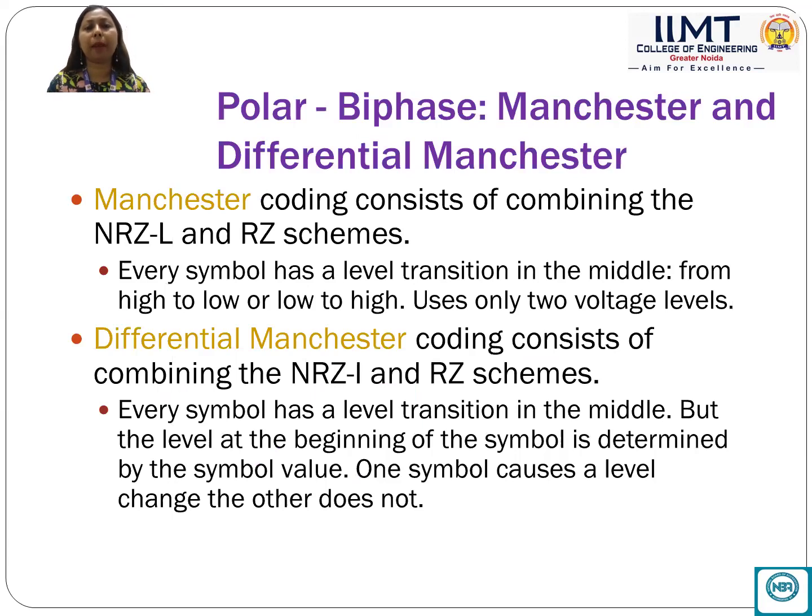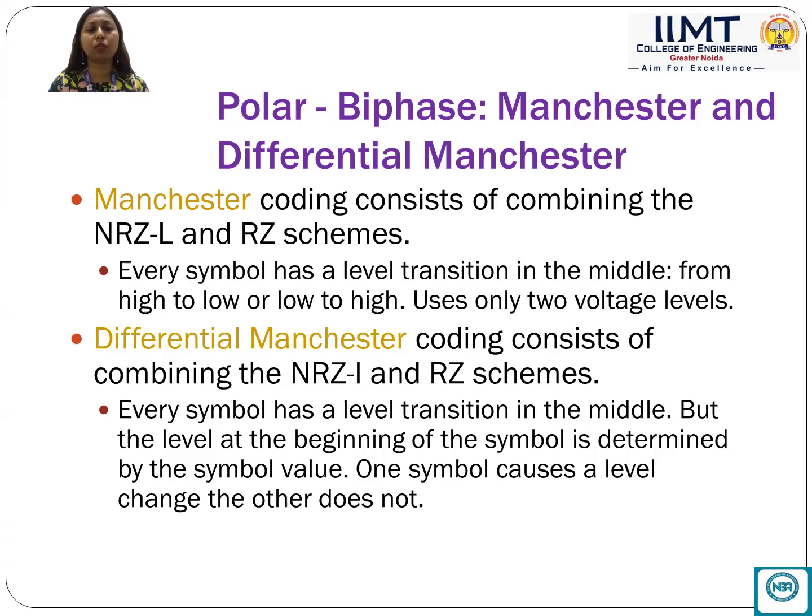Then polar biphase, that is Manchester and differential Manchester. Manchester coding consists of combining both return to 0 and non-return to 0. Every symbol has a level transition in the middle from high to low or low to high. It uses only two voltage levels.